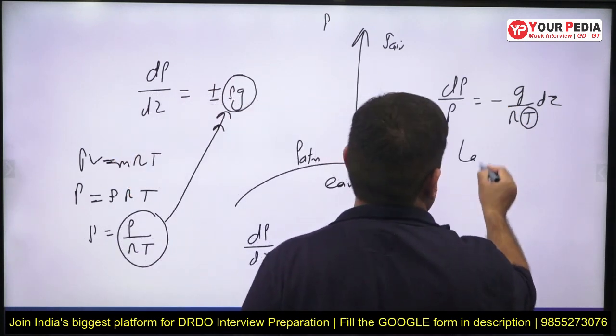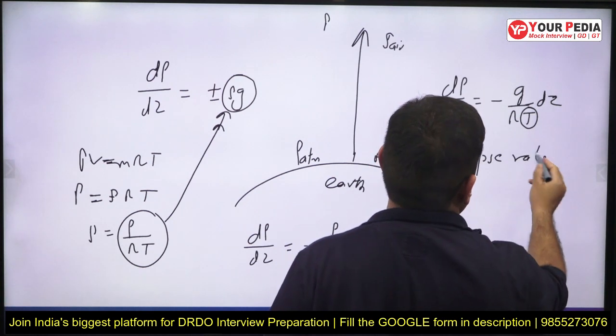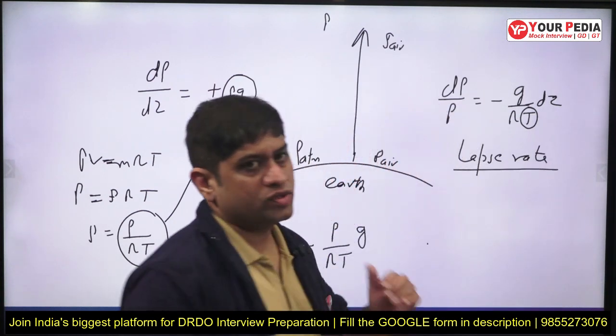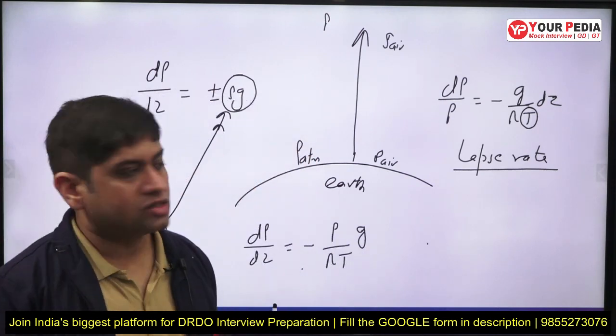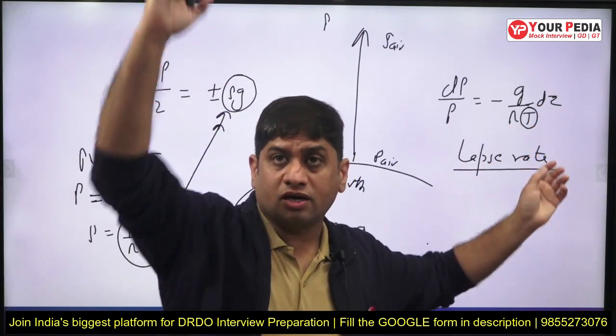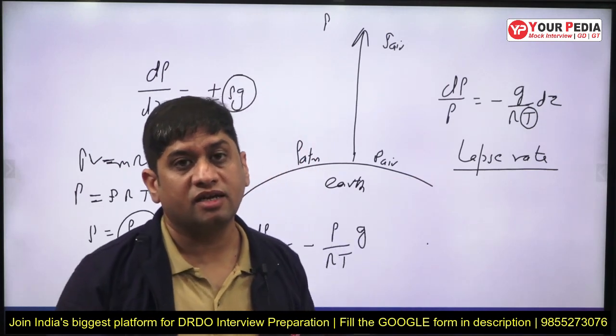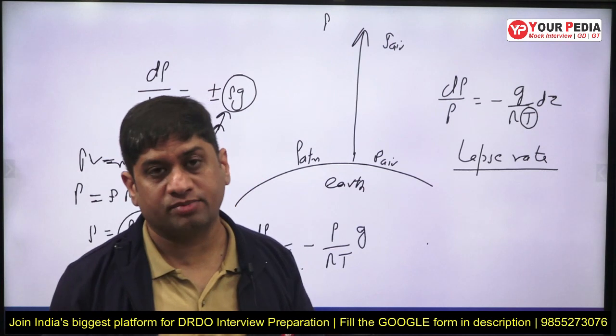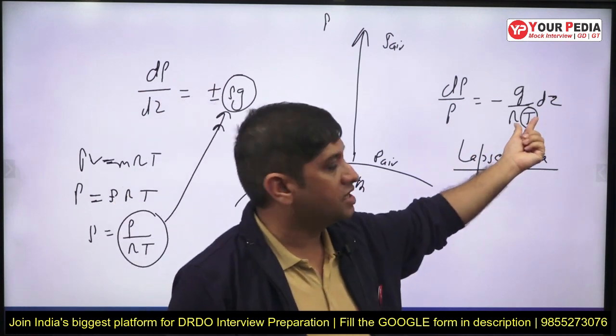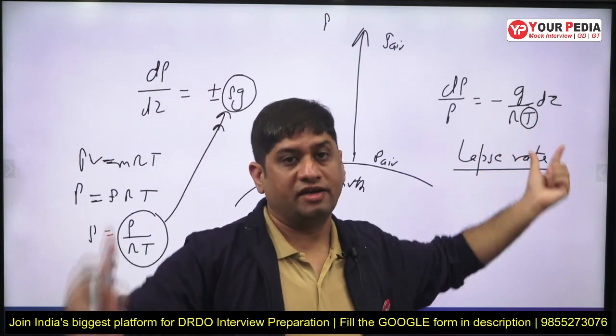But if I assume that temperature is also following something which is called a lapse rate. You know what is lapse rate? Lapse rate means with every 1 kilometer, 6 degrees centigrade temperature decreases. As you go up, the temperature decreases by 6 degrees centigrade every kilometer. If you assume that kind of lapse rate, then you can put that lapse rate here for temperature at a particular height.